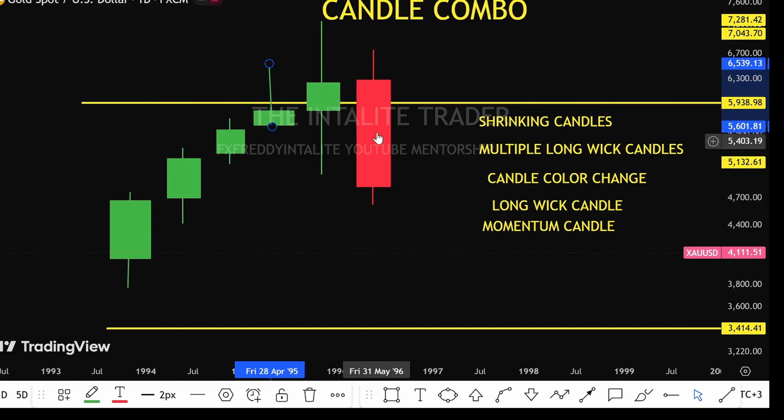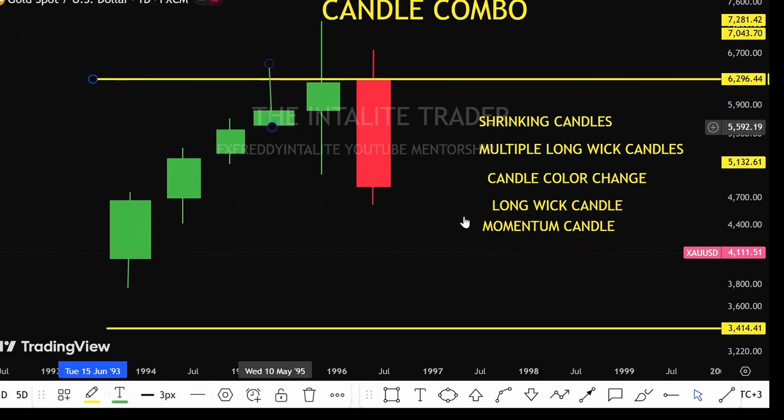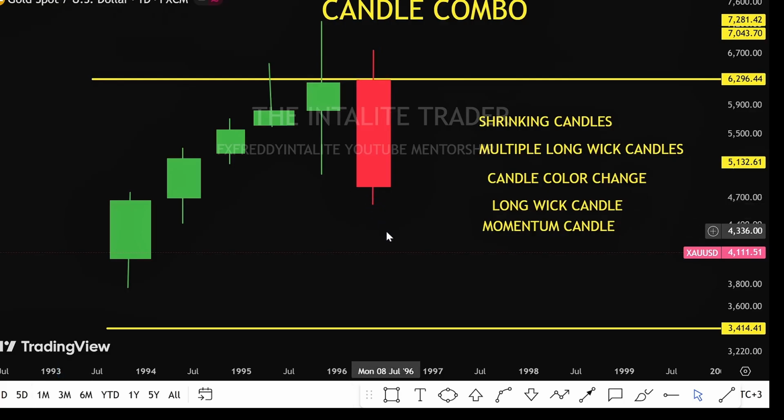You then have a candle color change at this level. You have a long wick candle, which is a good price action, especially when price is at a key level like this. You then have a momentum candle, which confirms a bearish bias.